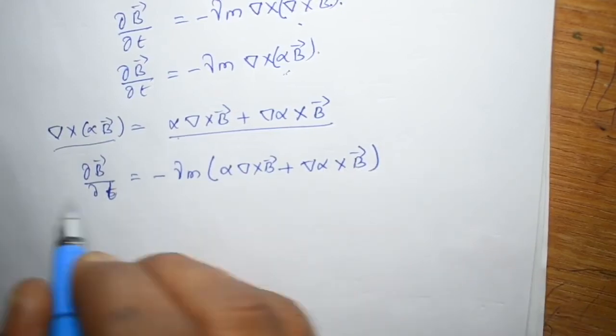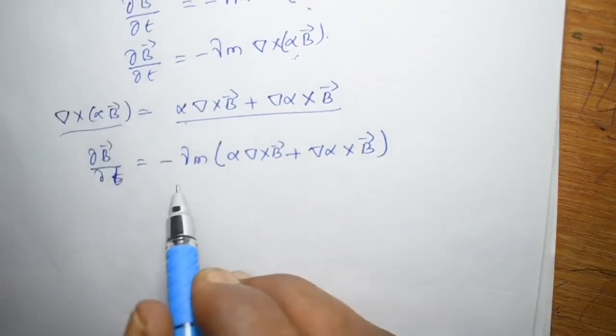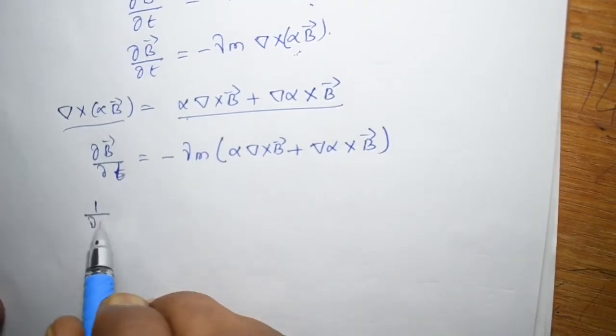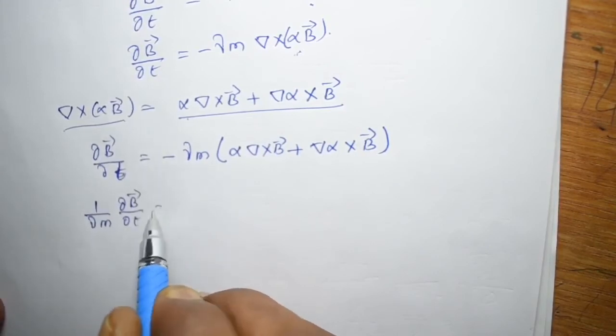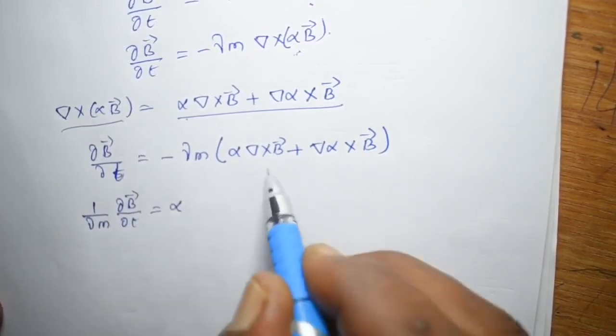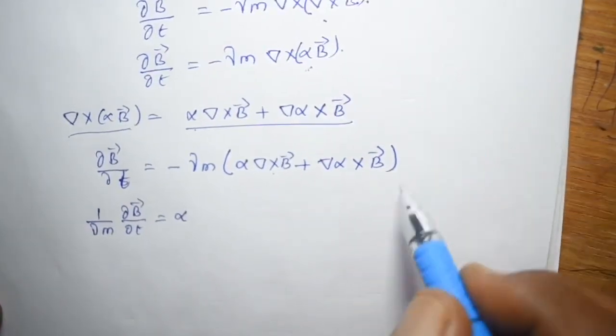So now nu m, I will multiply to this side. 1 by nu m into del B by del T is equal to alpha into del cross B. Del cross B, what does equation 1 say?